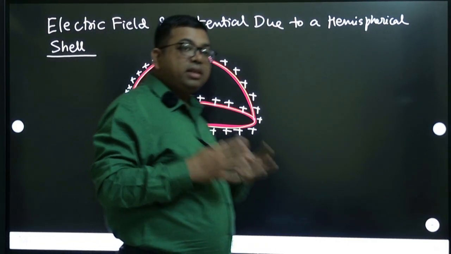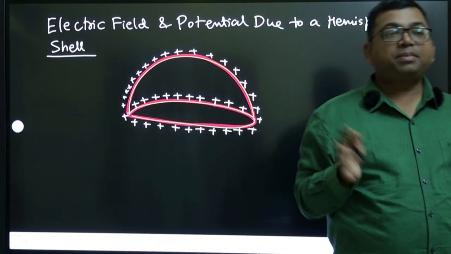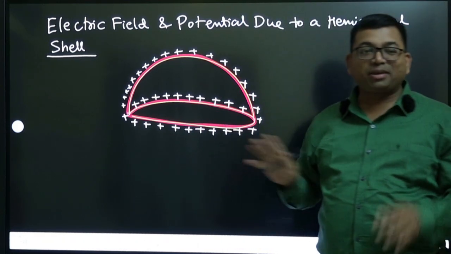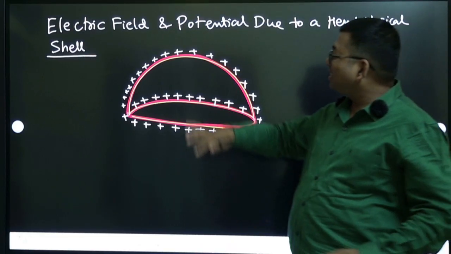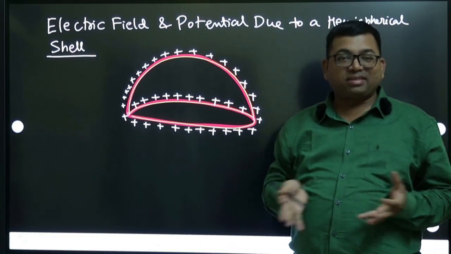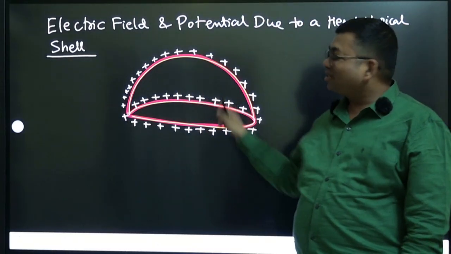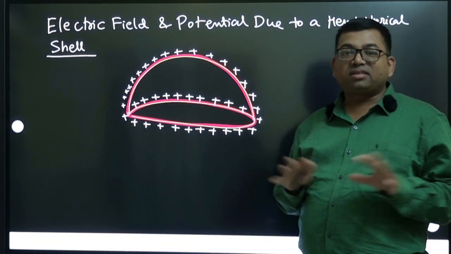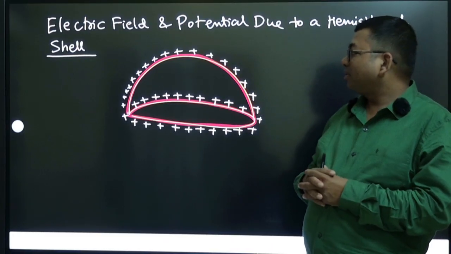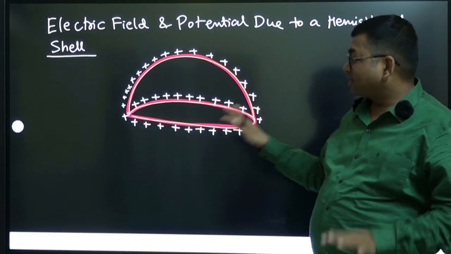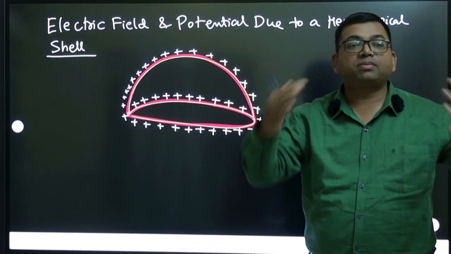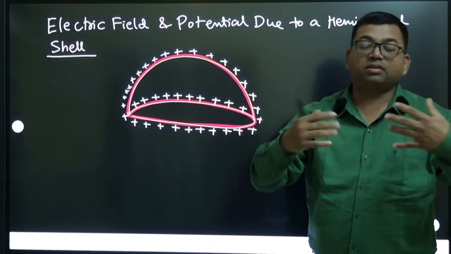So this is a thin hemispherical shell and charges are present. I have drawn only on the line, but don't think it is only on the line. It is everywhere on the surface of this. Here also I can draw, but the diagram will become dirty. To make it look clean, I have just drawn like this. But charges are on the surface of this, because this is a hemispherical surface.